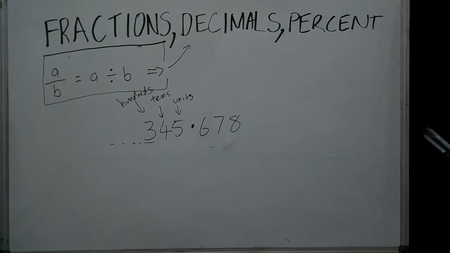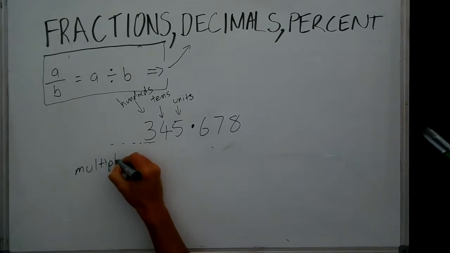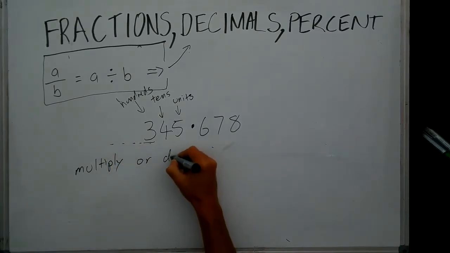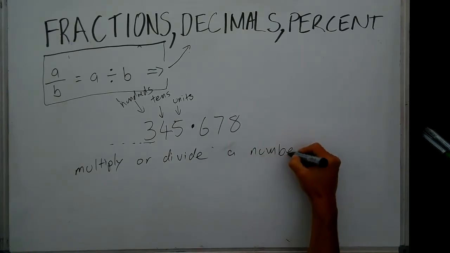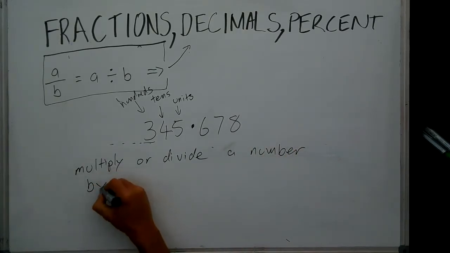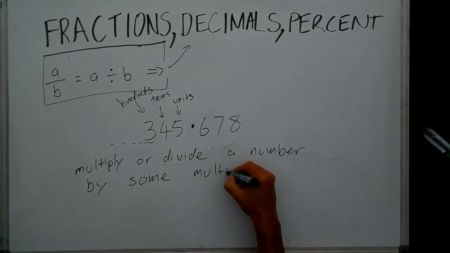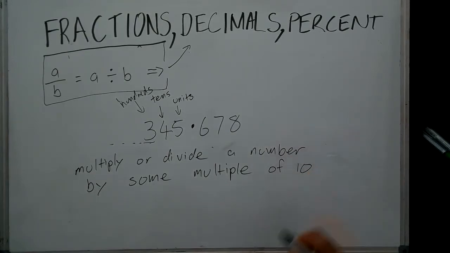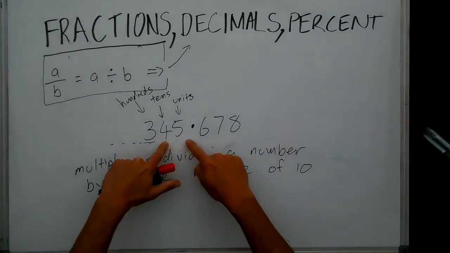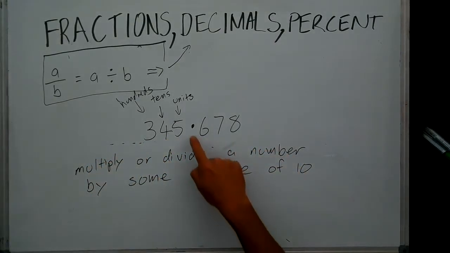When we multiply or divide a number by some multiple of 10, the actual digits don't change, but the position of the decimal place does.